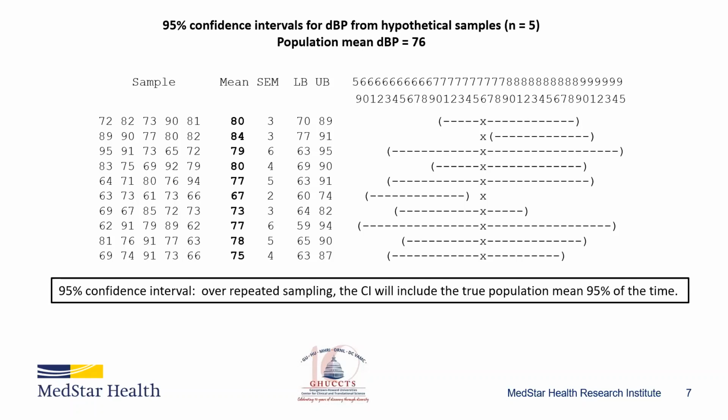And so if I were able to do an infinite number of random samples of size 5, a 95% confidence interval means that 95 times out of 100, the interval will include the true population mean, but 5 times out of every 100 samples, it won't. And so you can see here on my little example, I've got a couple where the confidence intervals don't include the population mean.